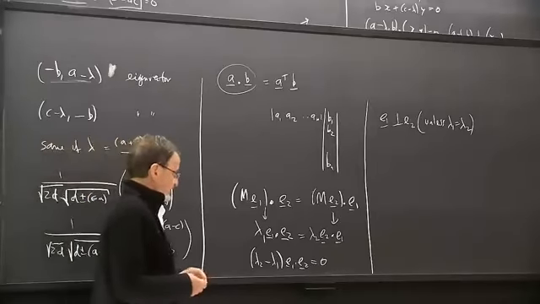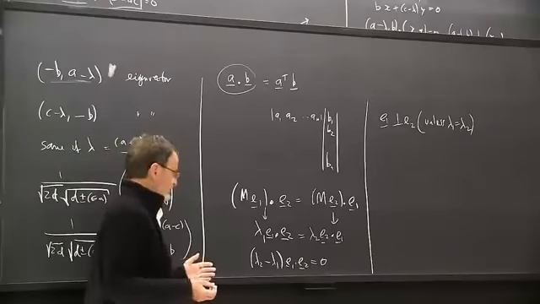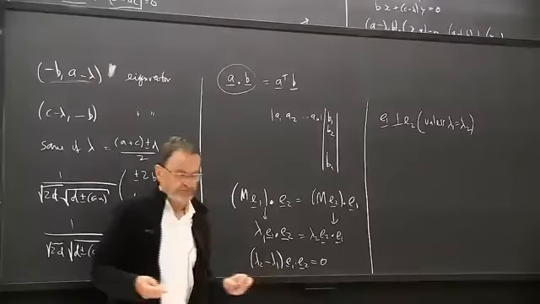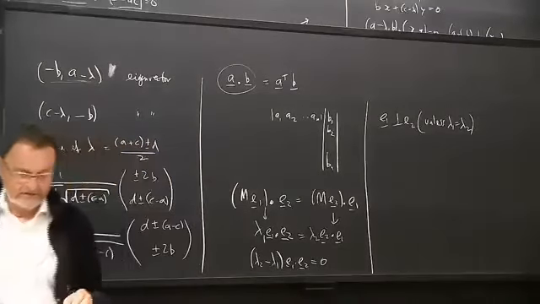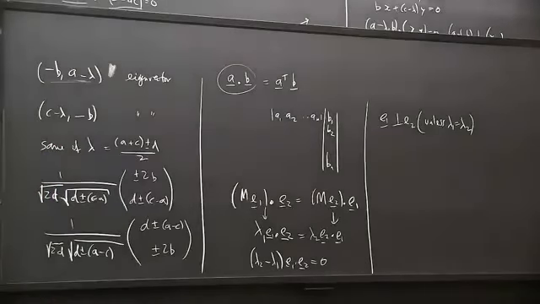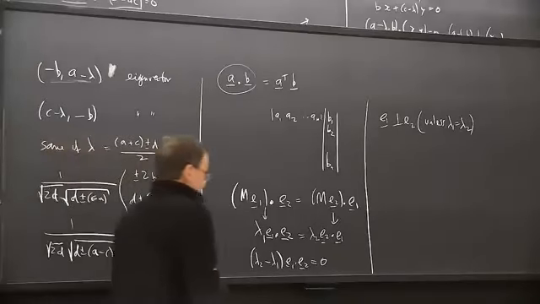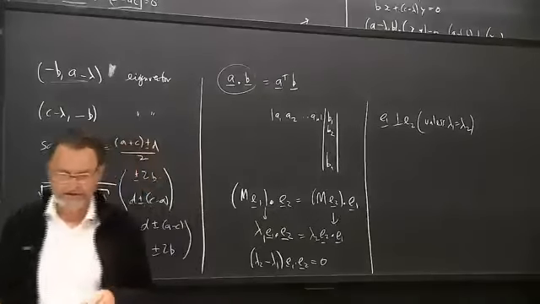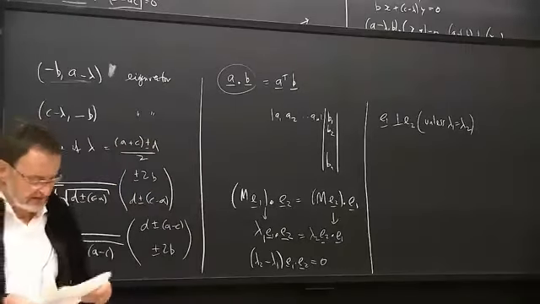But I can pick two of them that are orthogonal. So yes, if two of the roots happen to be the same, then this doesn't force the eigenvectors to be orthogonal. But I can just pick out of all the possible ones two that are. And the idea is to construct a whole coordinate system. So I've got all of these orthogonal vectors, and they, of course, define a basis for the vector space.